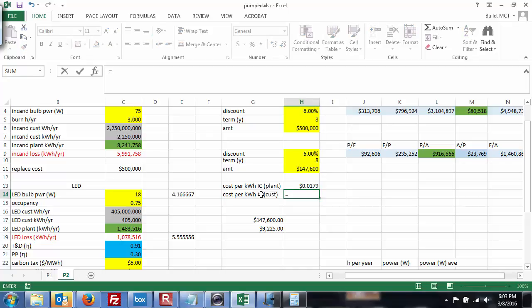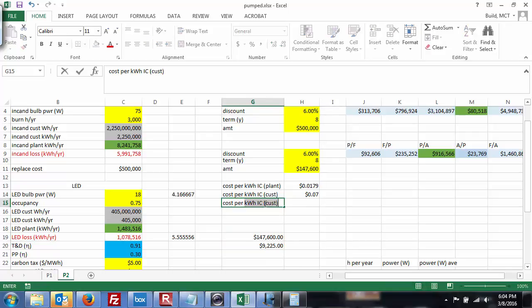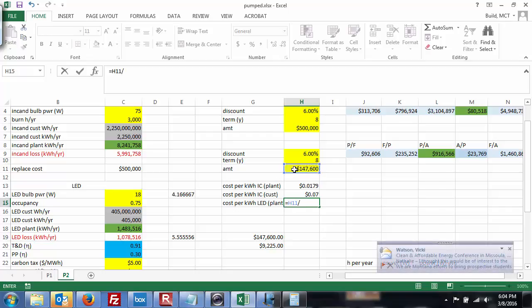So in other words, it's fine to be confused, but the way out of confusion is just to work it and keep working it. So dollars per kilowatt hours from the customer, and I'll fix that in a second. Let's move these down. Can't remember what they are, it's okay. Cost per kilowatt hours LED plant equals cost divided by LED plant.